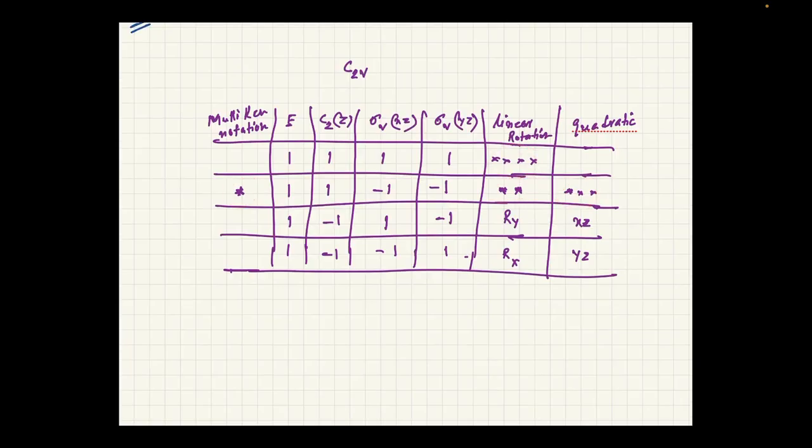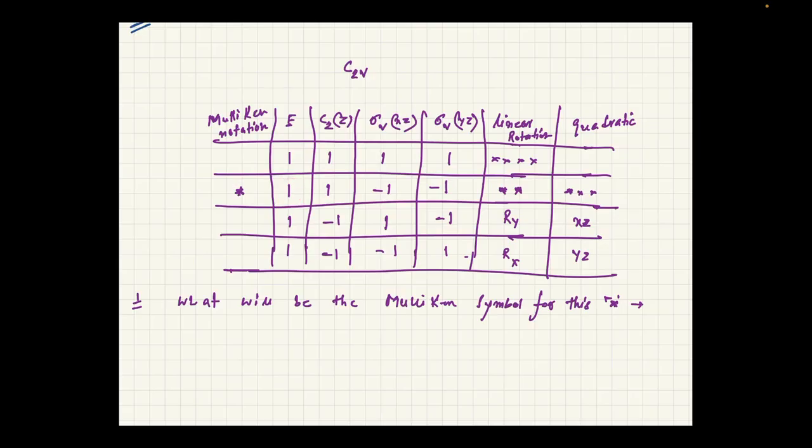So the first question is, what will be the Mulliken symbol for this representation? Now the character of the identity element is 1.